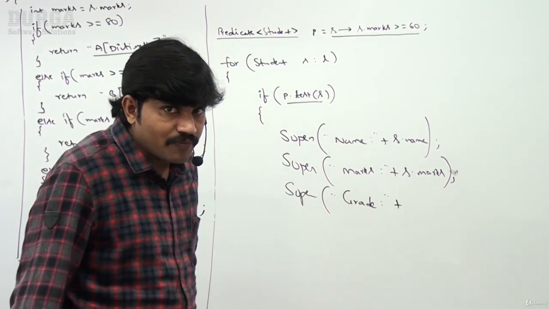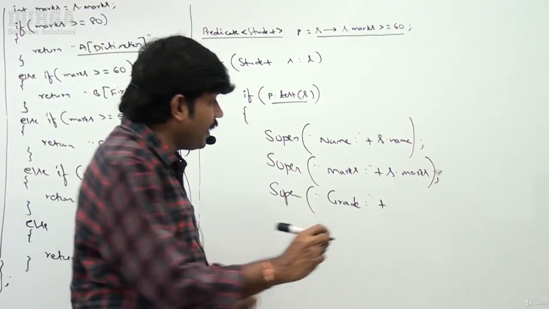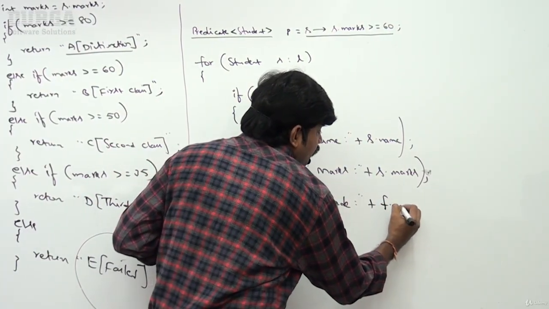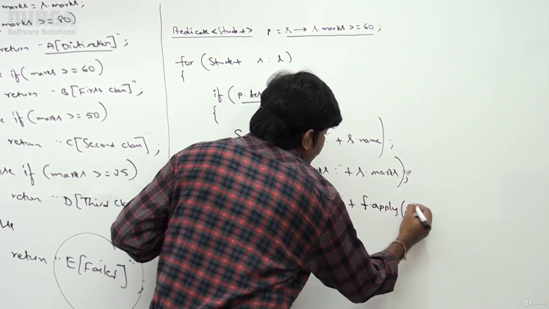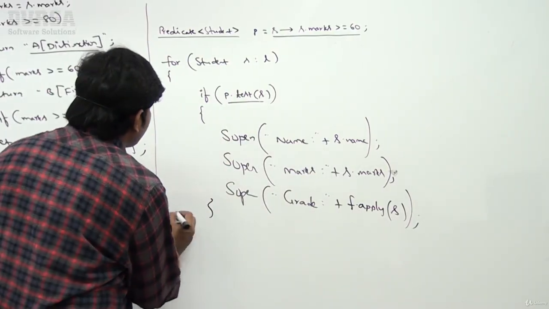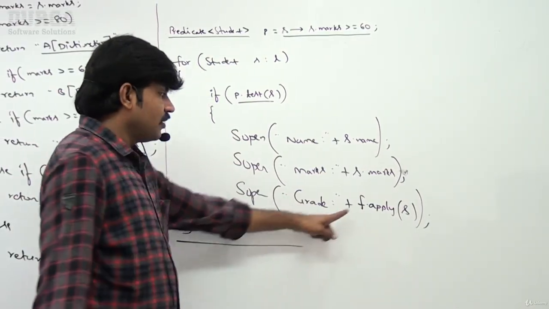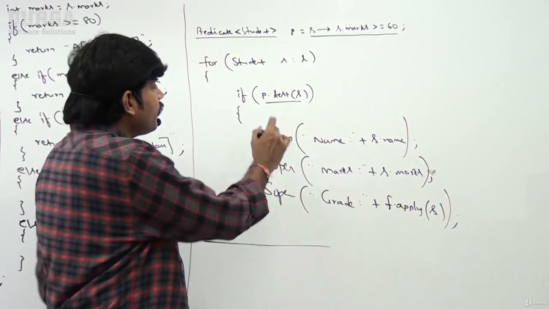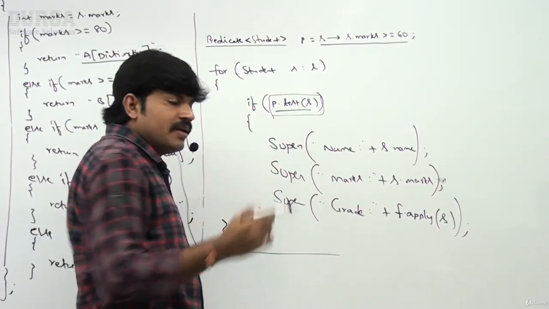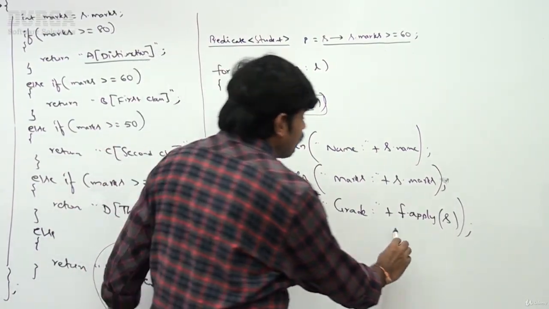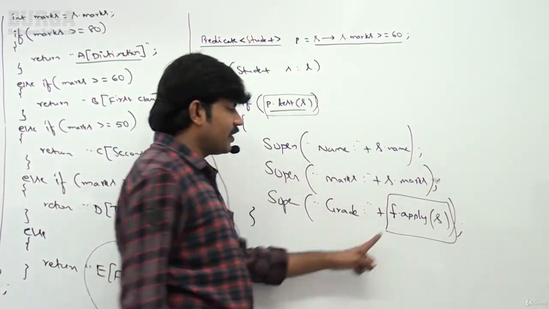How can you find the grade? f.apply(s). That's all. Now, do you know, if this predicate is satisfied, then only apply the function.